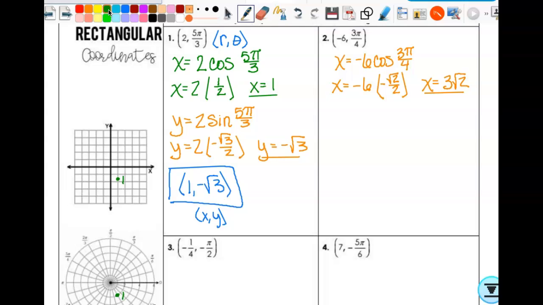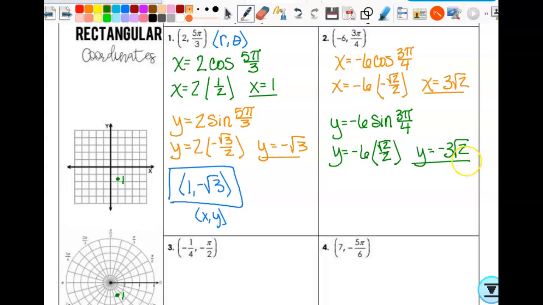All right, so then y is equal to negative 6 times the sine of 3 pi fourths. So y equals negative 6 times, good, square root of 2 over 2, and it's positive this time. So that means y is a negative 3 square roots of 2.